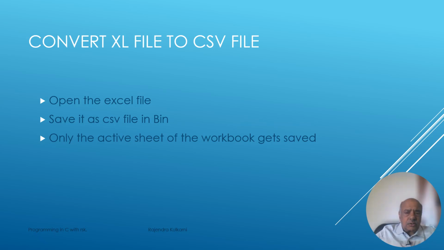But there is a lot of data available on the net or on our laptops or computers in the form of Excel files. If we want to use that data in our C programs, then those Excel files can be used by converting them into CSV files.